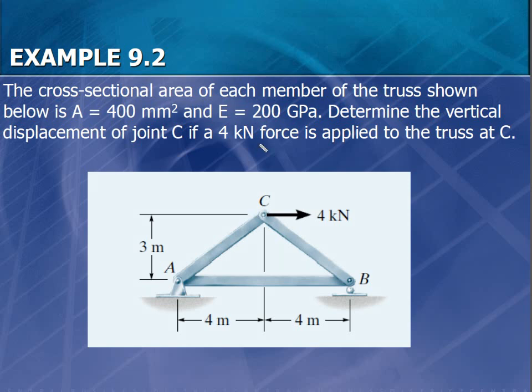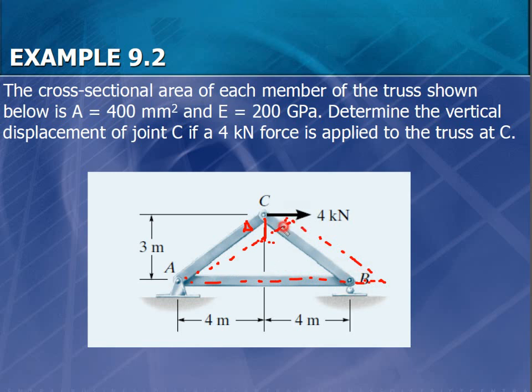So the idea for us is to calculate a vertical deflection. It's not going to be purely vertical, because this is a roller, so it's going to move something like this. Most probably the deflected shape will be something like this.